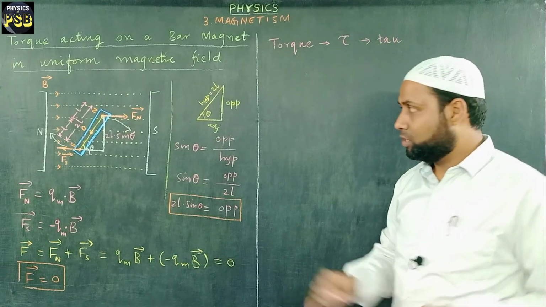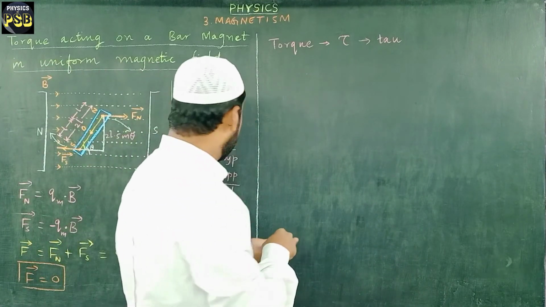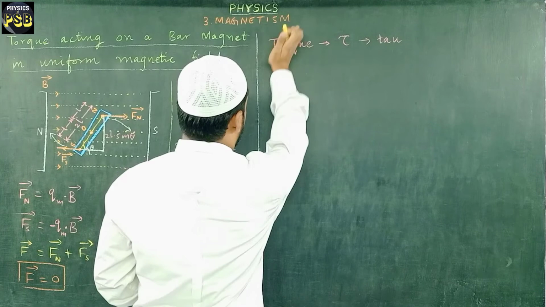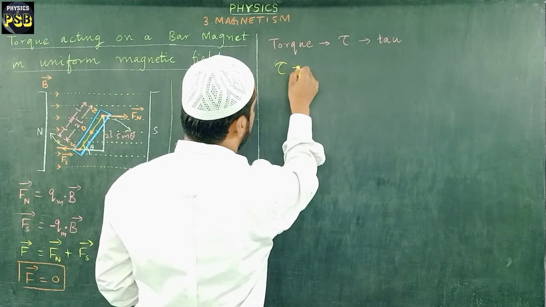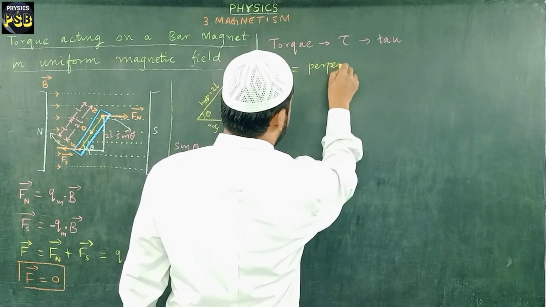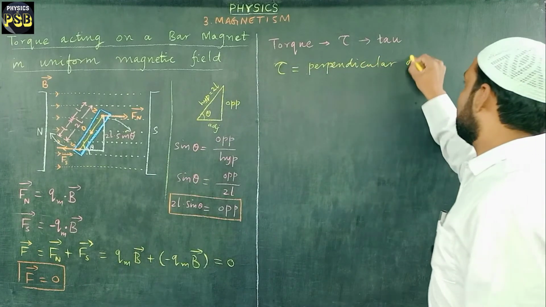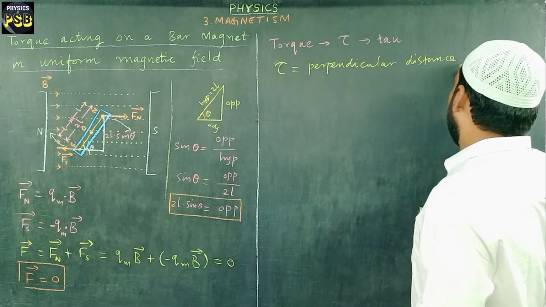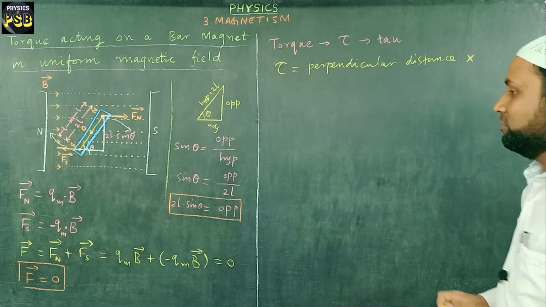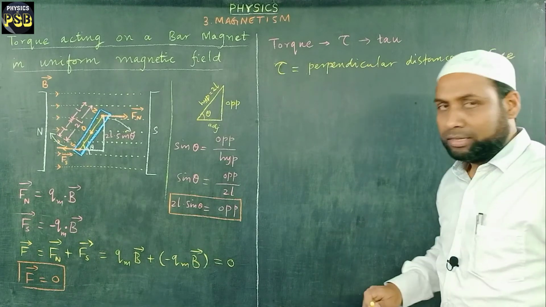Okay. Now let's find out the torque experienced by this bar magnet placed in uniform magnetic field. Here torque is obtained if we multiply the perpendicular distance between the magnetic poles with any one of the forces acting on the magnet.